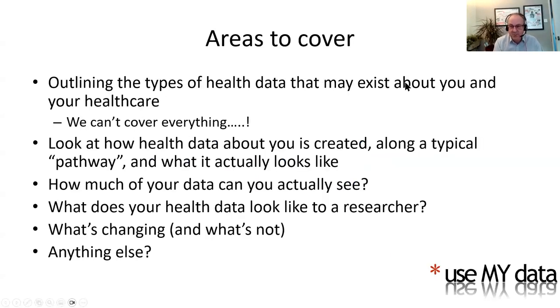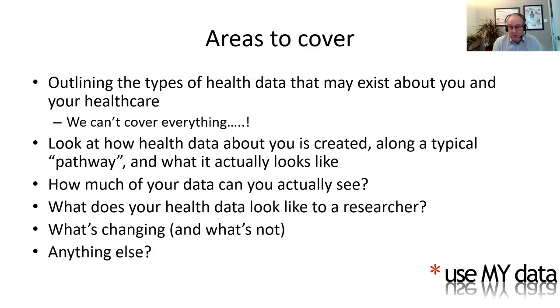This is what we're going to cover this morning. The types of healthcare you've got. We cannot cover everything, there's a whole bunch of stuff that I won't be able to cover, but this will give you a grounding. How it's created, what this data generation is, and how that maps to what you do when you walk through a GP, a hospital and various other places.